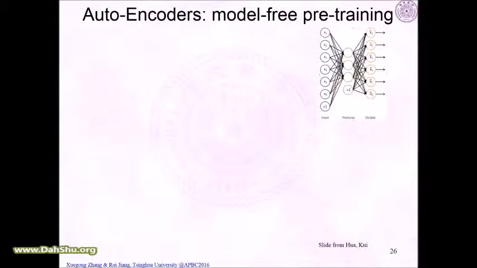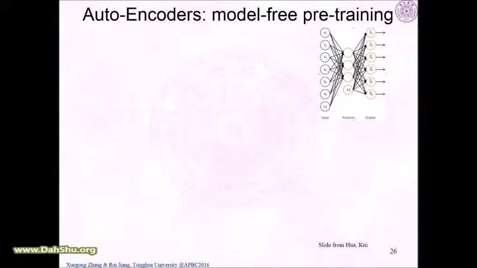The idea is quite simple. It also originated from the multi-layer perceptron. Suppose we design this particular 3-layer perceptron: this is the input, this is the hidden layer, and this is the output.